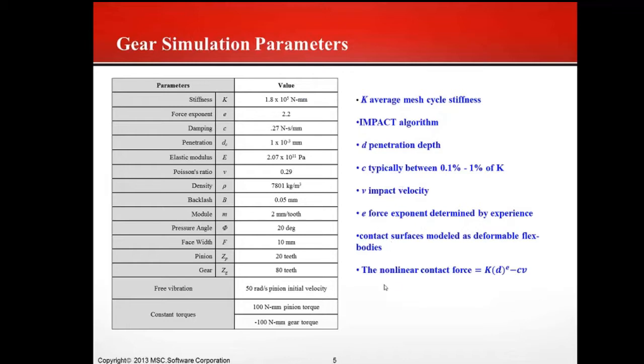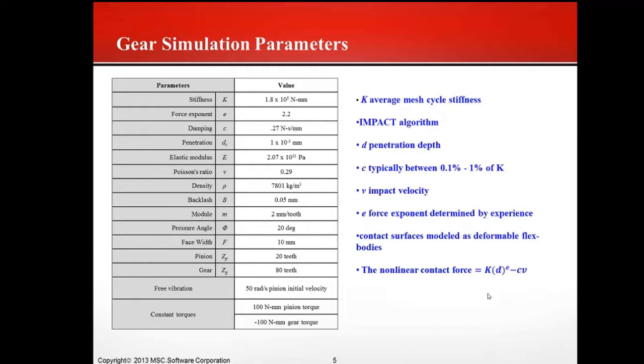For example, now we model the teeth as an elastic body. At the same time, we use the nonlinear contact force, which is like this. Of course, we have to choose K, D, E, and all of those parameters. And how do we choose that? Actually, we do it two ways. The first one is to compare our results with the experimental results, which we already finished.